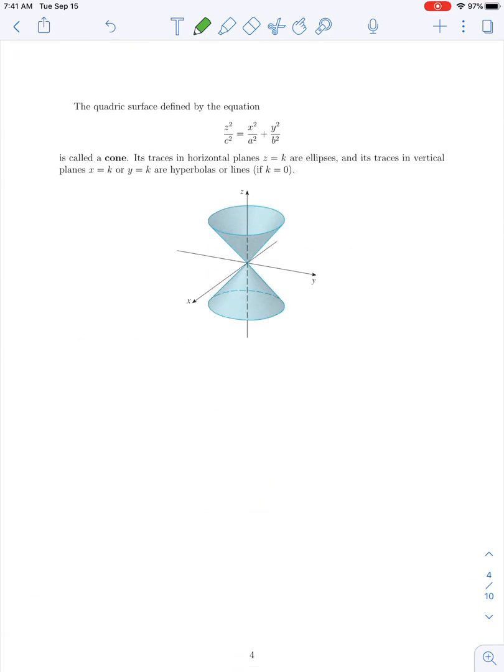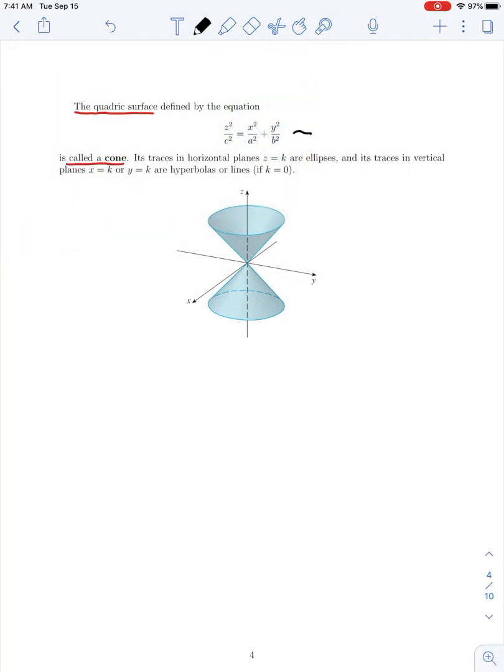So let's look at some other ones. So the next type of quadric surface we'll discuss, which would be defined by the equation z squared over c squared is equal to x squared over a squared plus y squared over b squared, is called a cone. So here we could also define this equation.